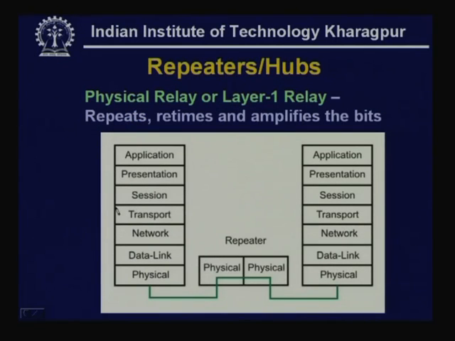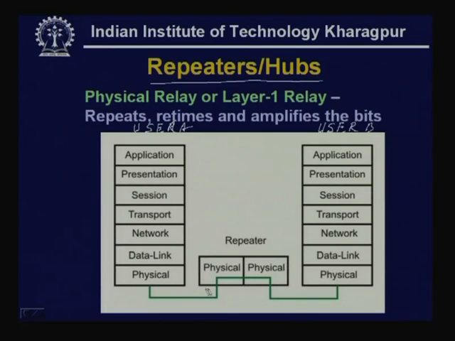And here is some kind of pictorial representation of the layer 1 relay, of the functions of repeaters and hubs. As you can see, this is one system, say user A, and here is another system, say user B, or station A, station B. They are communicating with each other, and here you have a repeater in between.